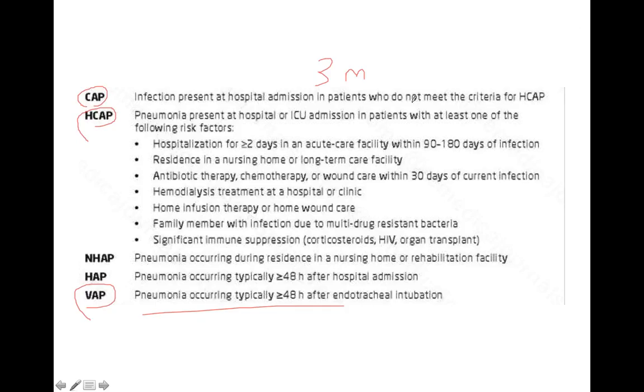So in VAP we will give the patient a combination of vancomycin that will cover staph aureus, plus ciprofloxacin, imipenem, meropenem, cefepime, or ceftazidime, any of the anti-pseudomonas antibiotics. Okay, so these are all empiric treatments for VAP.